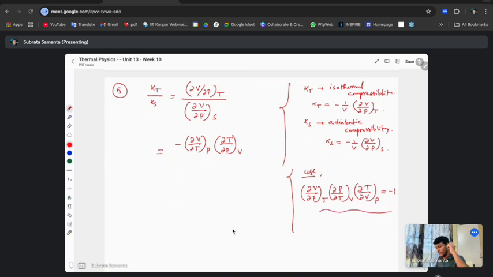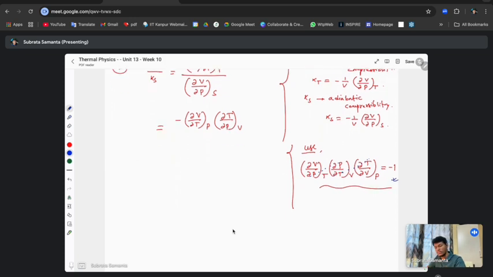So the product of the three, you see, is a cyclic relation: del V del P, then del P del T, then del T del V, where the constant changes. All three such products equal minus 1. So I use this.